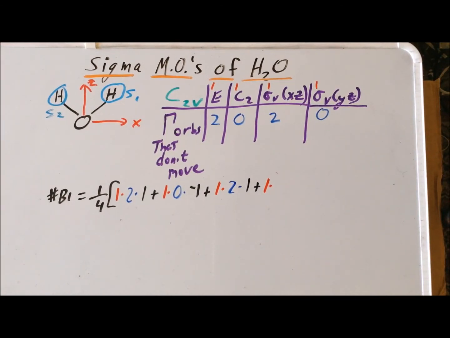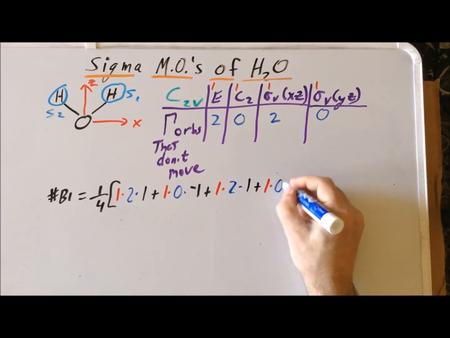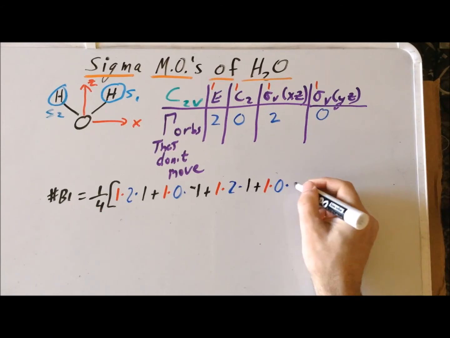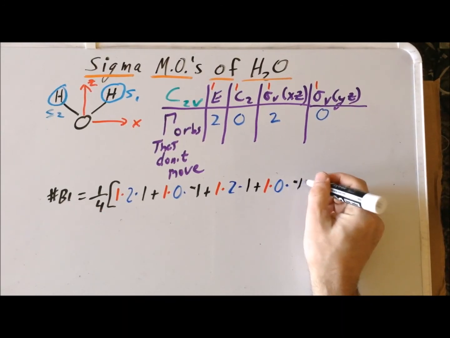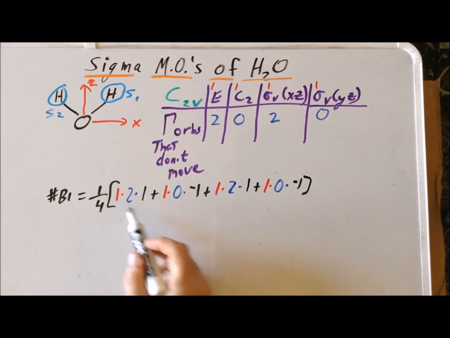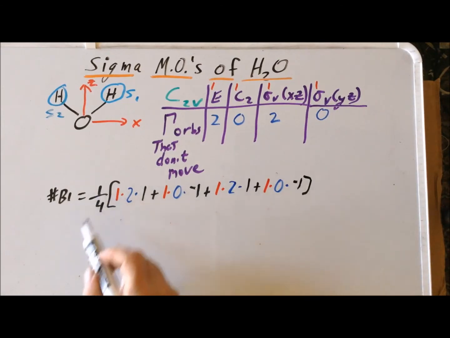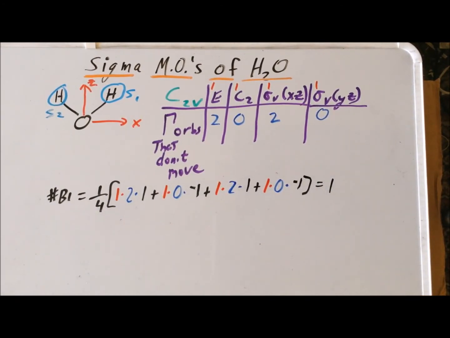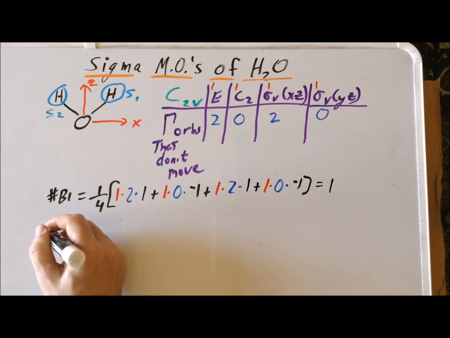The character from the reducible representation is a 0. And the character from the character table for B1 is a -1. So we have 2 plus 2 is 4. 4 divided by 4 is equal to 1. So we have 1 B1 included in the reducible representation, gamma orbs that don't move.